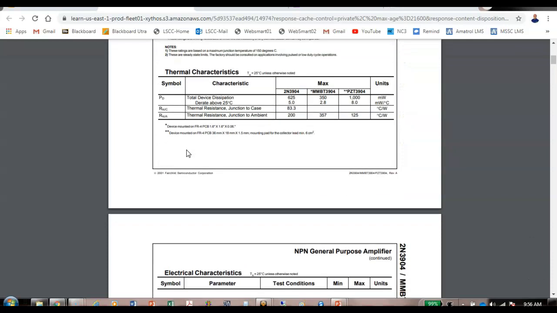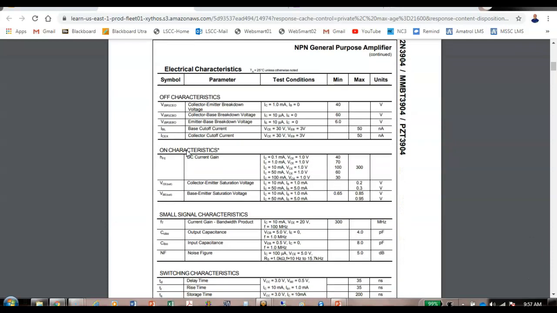Here's the actual data sheet, and I'm going to come down here and look for h sub FE. There it is. You can see this guy's all over the place, depending on the collector current and emitter current. The minimum beta this guy should ever expect would be 30. The maximum we would probably ever measure would be 300. What we'll figure out later on is how I can actually set the beta to where I want it to be with bias.